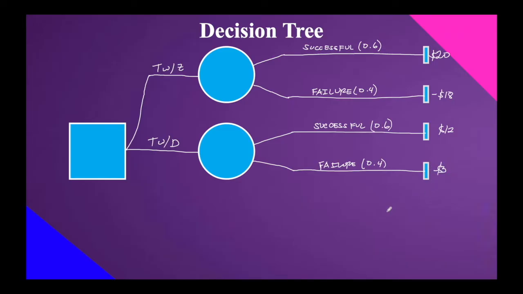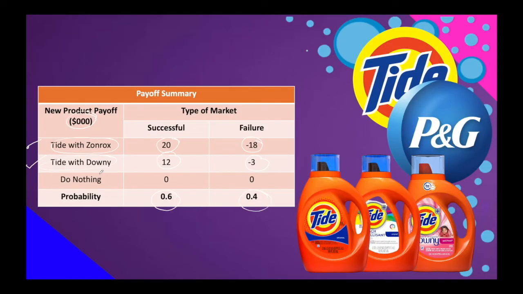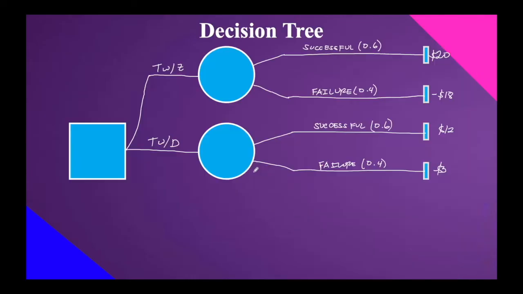Okay? So, next, let's have here our next one, do nothing. Okay, so for do nothing, as you can see, sa successful, 0 ang payoff natin. Same with the failure. 0 din ang ating payoff. So, ilalagay natin yan. Actually po, ang pinaka itsura talaga dapat niyan is ganito.